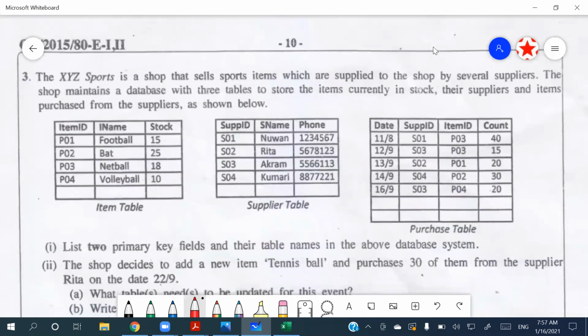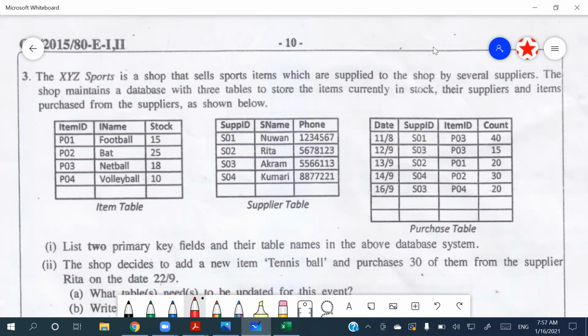So the question says list 2 primary key fields and their table names in the above database system. So 2 primary keys. If you think about the item table, item ID clearly shows you the unique nature, right? The item name, which indicates the item name, is again unique, but we are not using the name as a primary key when we have a good alternative, which is the item ID here.